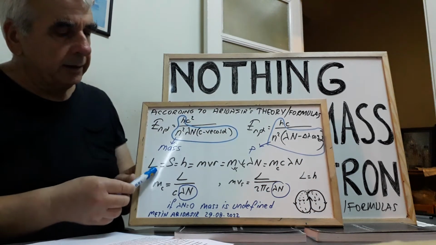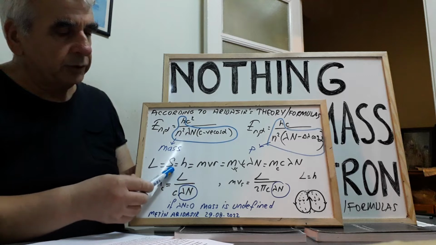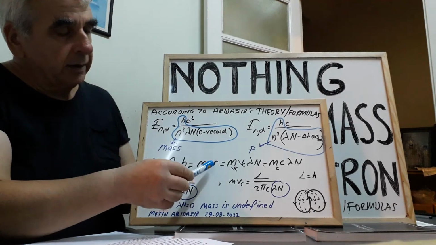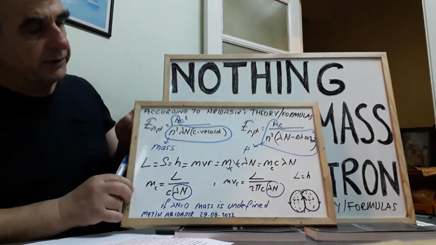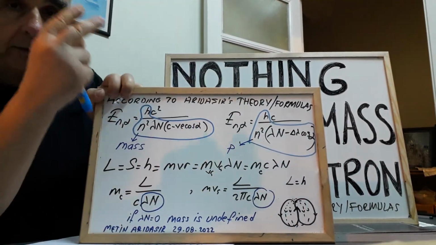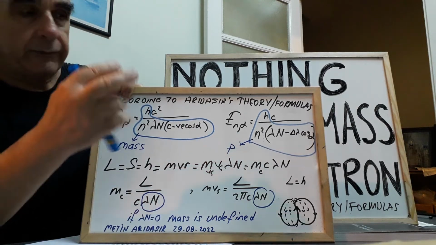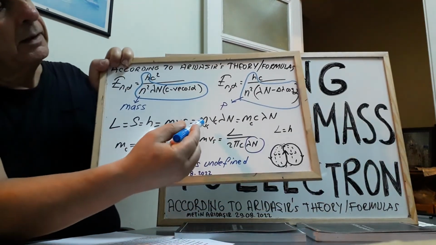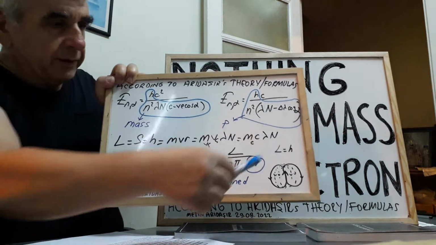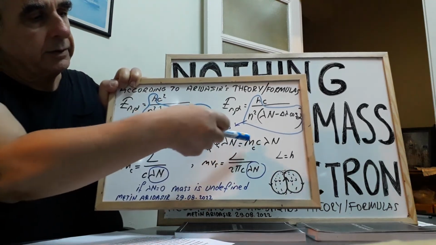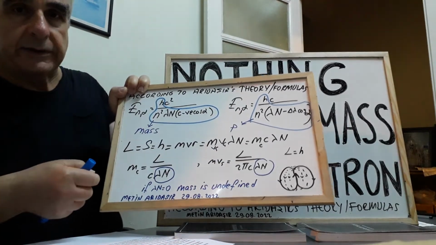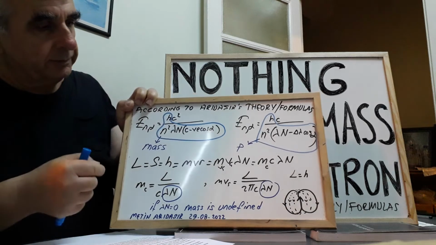And remember, angular momentum is equal to spin is equal to h, Planck's constant, is equal to m v R. Remember two mass components of electron motion form: c direction component mass and linear velocity component mass. Different formulas, different results, but same momentums, okay?